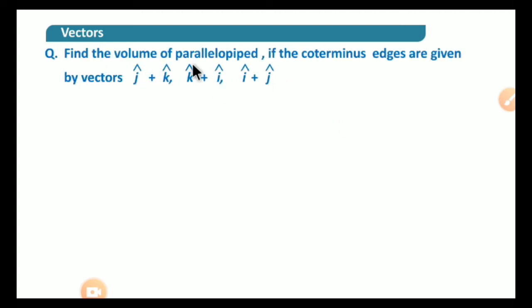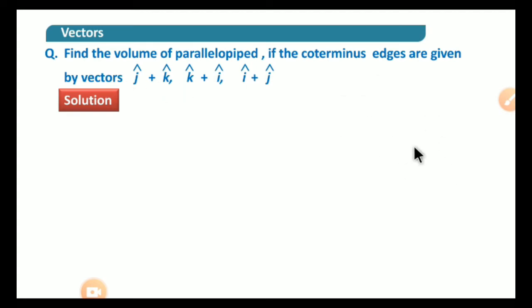Find the volume of the parallelepiped if the coterminous edges are given by the vectors j plus k, k plus i, and i plus j. So this is the given question. We have to find out the volume of the parallelepiped. Now the solution.